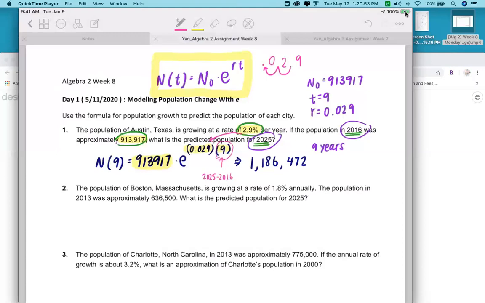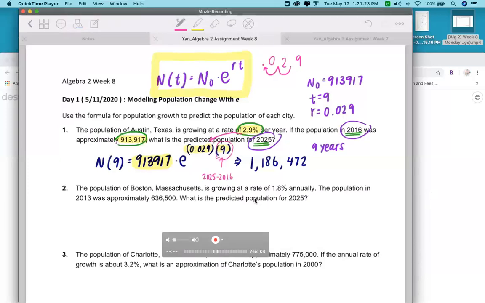Okay, so let me have you guys do number 2 right now. And type me your answer. If you are hesitant about your answer, you can type the formula to me as best as possible. Okay, so everyone do number 2 right now.